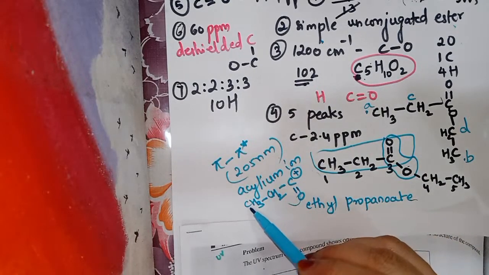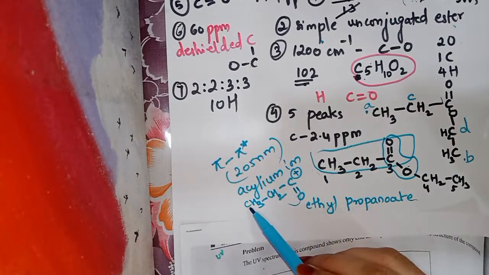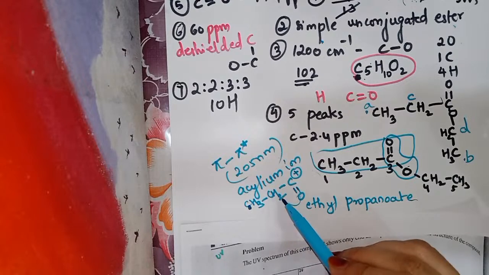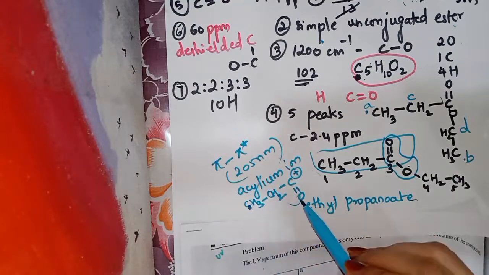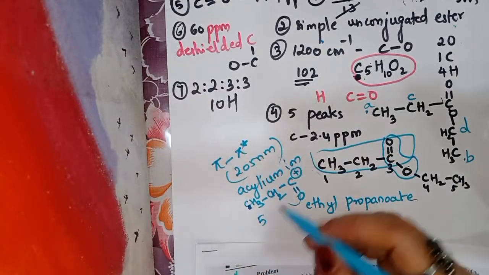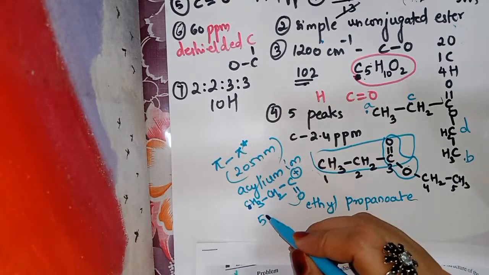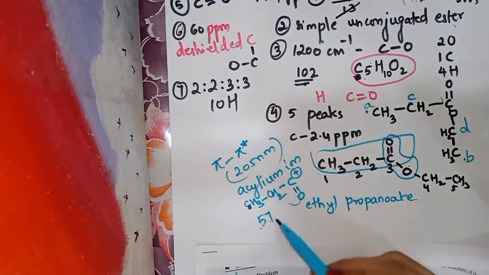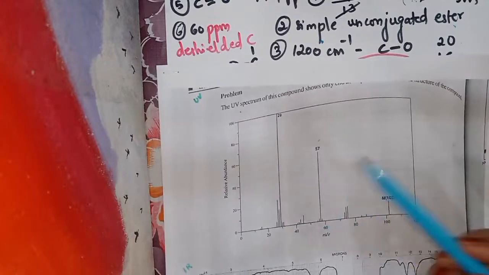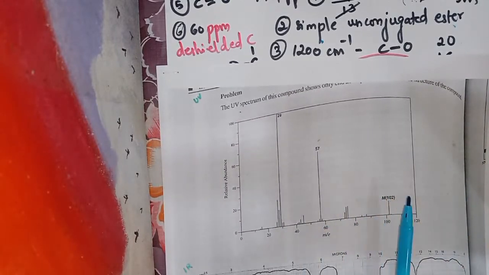If we count the number of carbons and hydrogens, that is 12 plus 3 plus 12 plus 2 plus 12 plus 18, we get the molecular weight to be 57. So 57, it is showing the peak over here. That is the only thing that we can use from this spectrum.